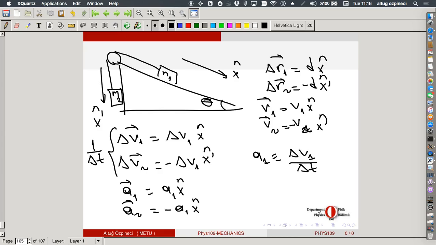No. A1, in this expression, is not the magnitude. It's the component of acceleration in the x direction. You see, this A1 can be both positive or negative. That's why it's not a magnitude. Or if you want to be more precise, we can say the x component.